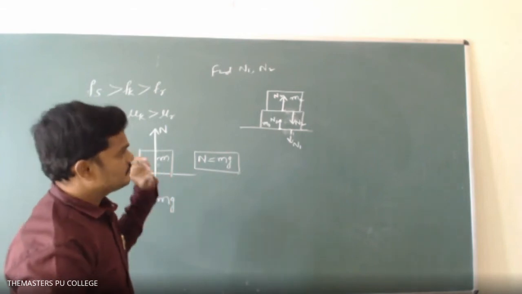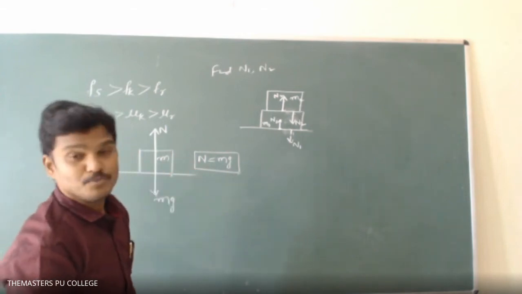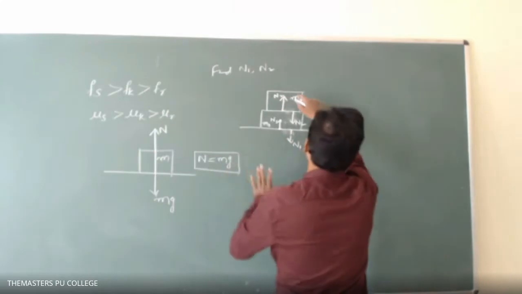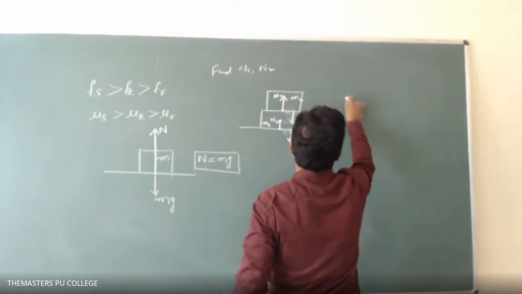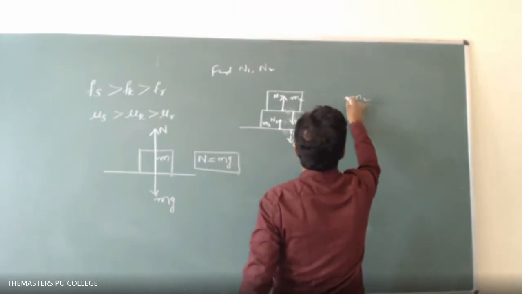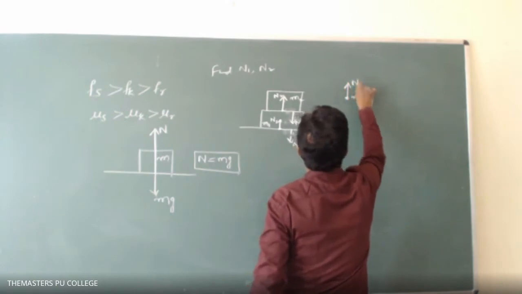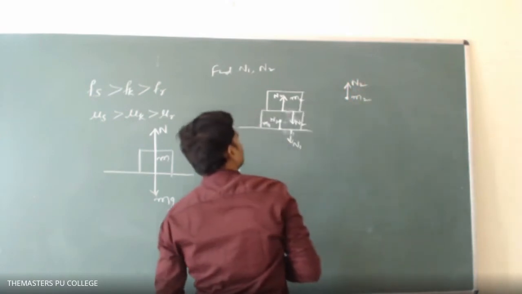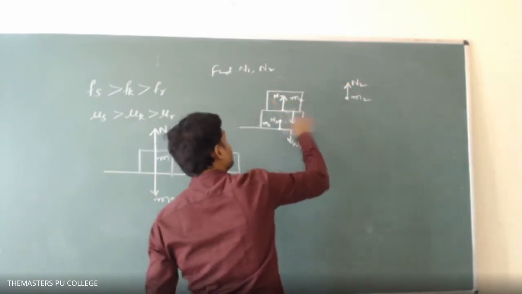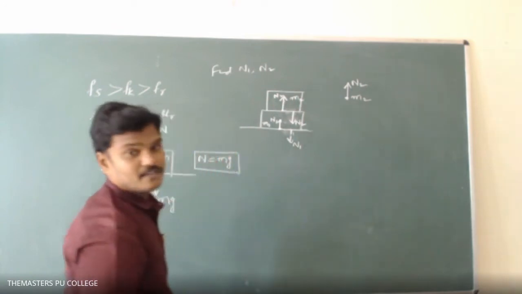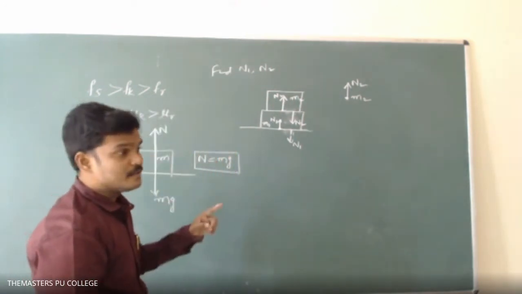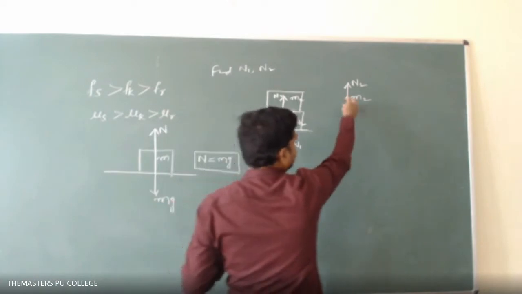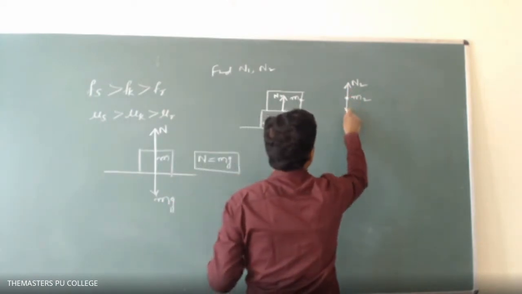Then draw the free body diagram for M2. Just only the free body diagram for M2. Only for M2. How many forces are acting on M2? Normal reaction force upward. And one more is acting downwards.